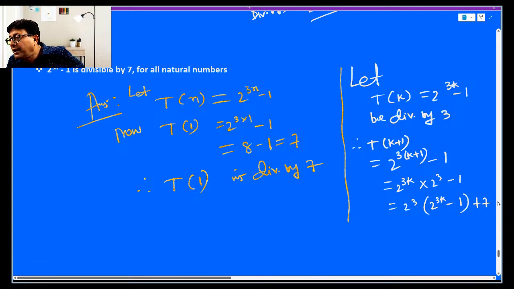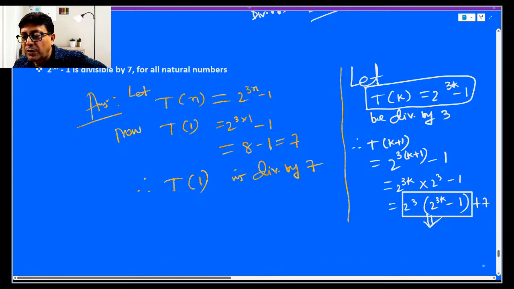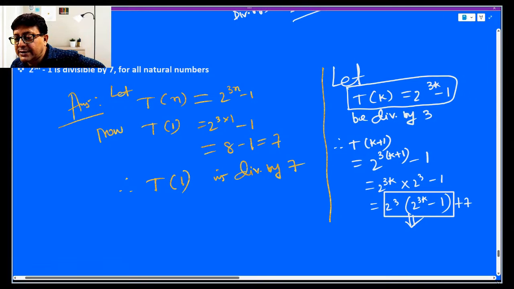Now what is your idea? This thing, you have assumed it is divisible by 7. So here it lies. This thing, what? Divisible by 7. This is our assumption. We have proved for n equal to 1. This is divisible by 7.